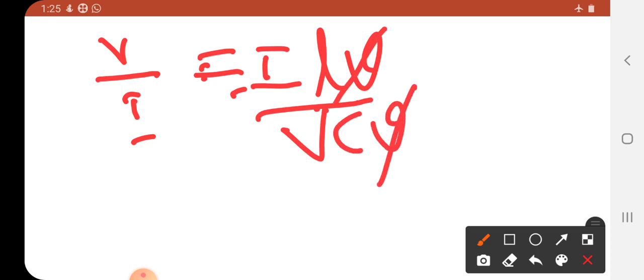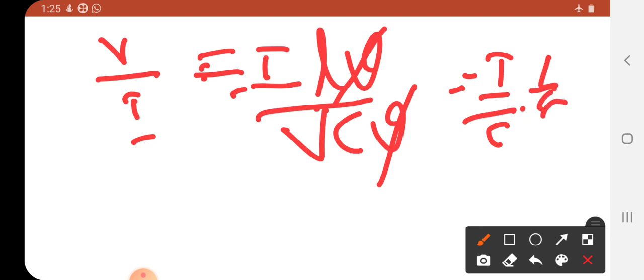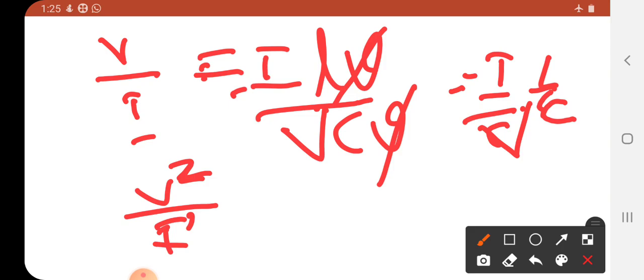So v gets cancelled. This gives V by I is equal to L by C, or you can also write V squared by I squared.